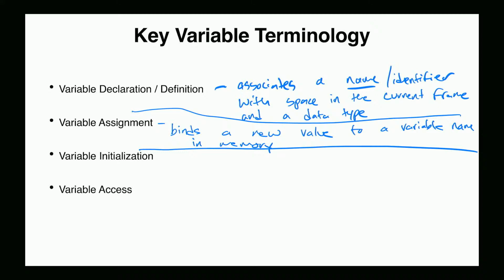Variable initialization is a special name we give to the first time a variable is assigned. And what we just learned is that this is given a special name and rises to a level of importance because if we fail to initialize a variable accidentally, it will probably lead to errors in our program later on.